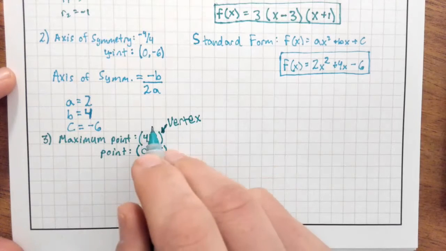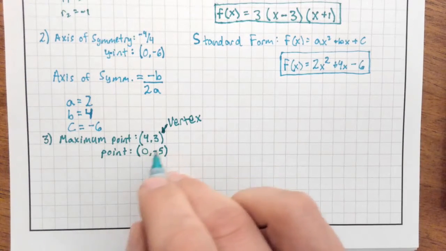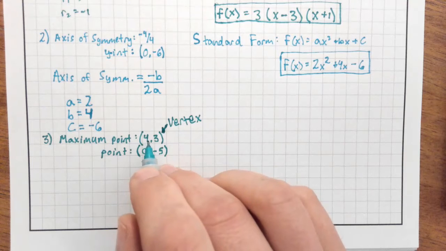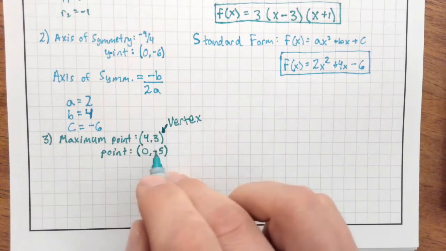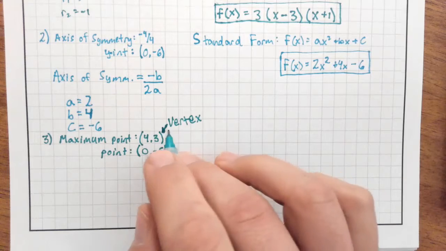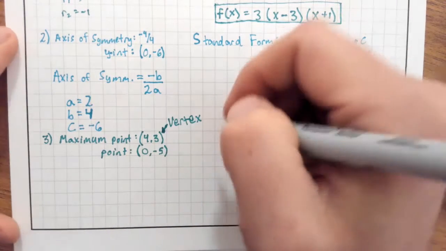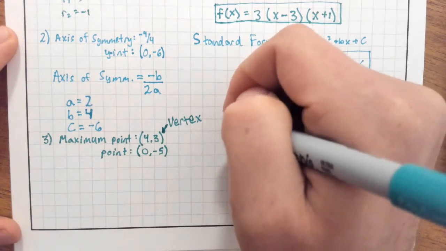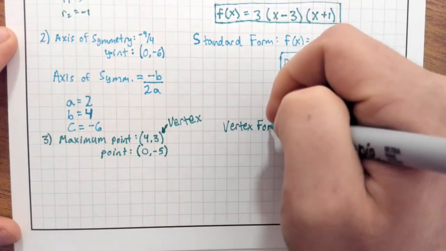So we have a vertex, and we know this point that it passes through. If you see this situation, I would go ahead and use vertex form. I know it's giving us the y-intercept, but knowing how to plug things into vertex form is going to be really helpful to you. So again, we're going to use vertex form.